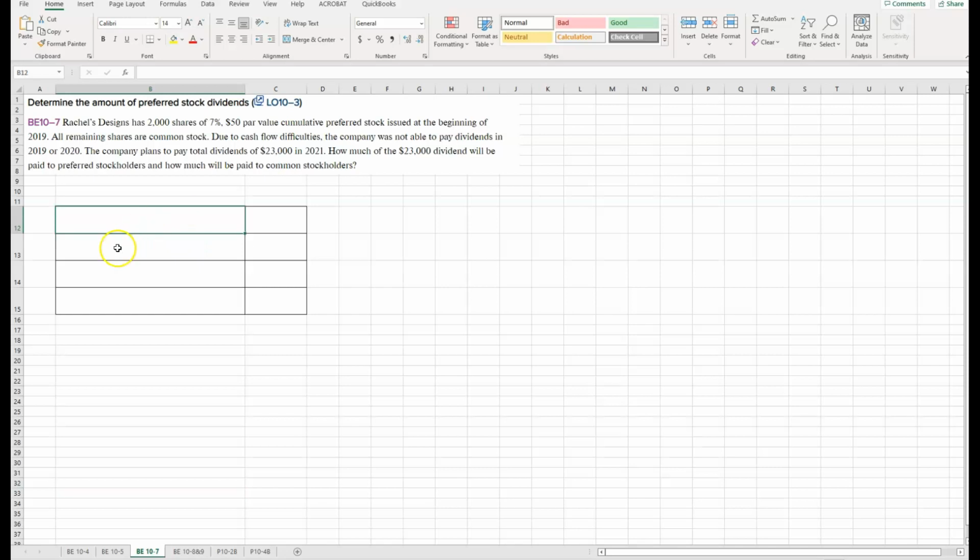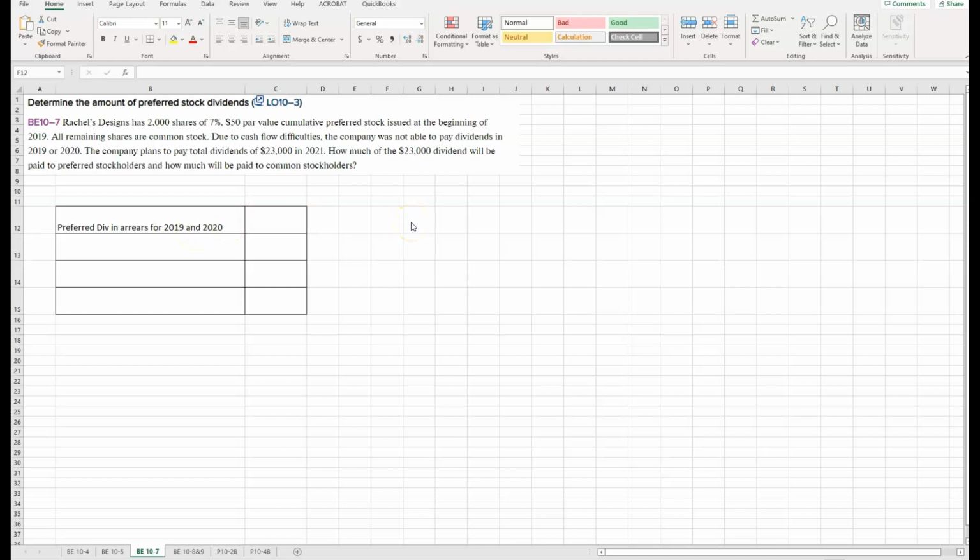So, preferred dividends in arrears for 2019 and 2020. So they have to go back and pay the preferred shareholder. So we need to figure out the preferred dividends per year for this.